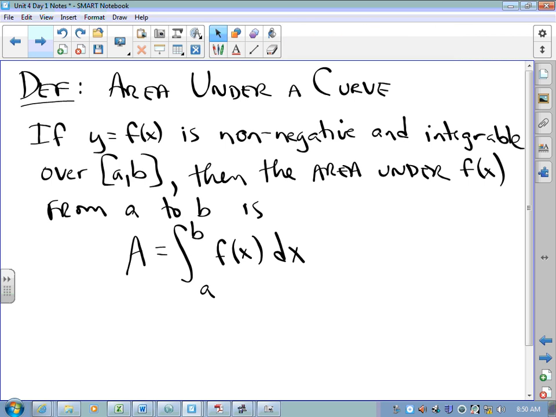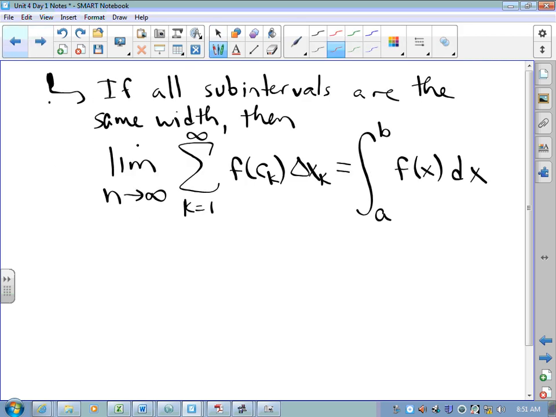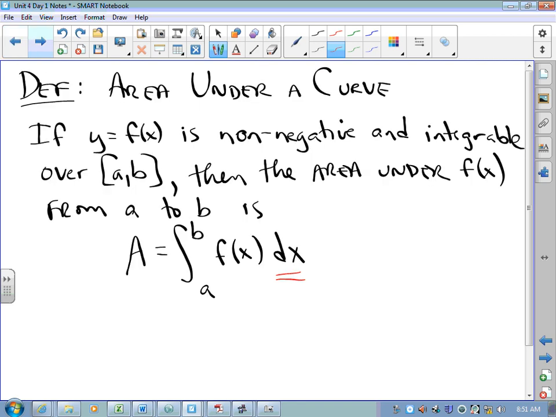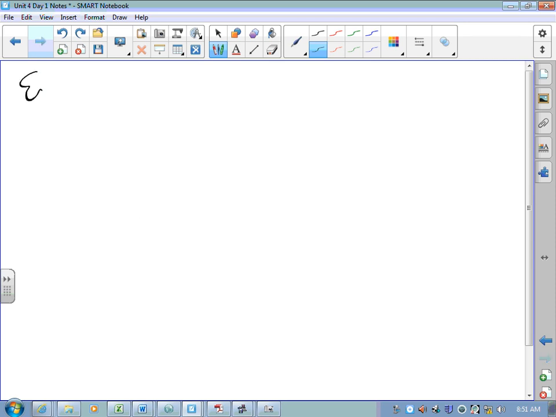Now, of course, it makes sense that there's a dx here because in the original formula, there's a delta x, and that represents a teeny tiny change in x, just like dx represents a teeny tiny change in x. And so this is the stuff that you're familiar with.